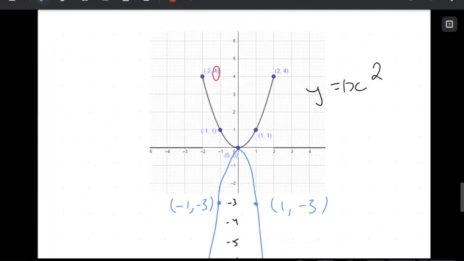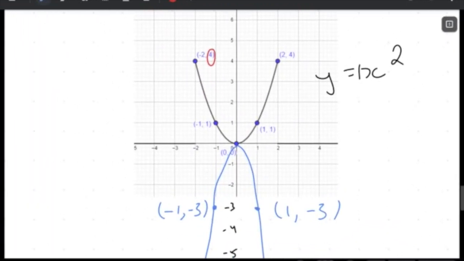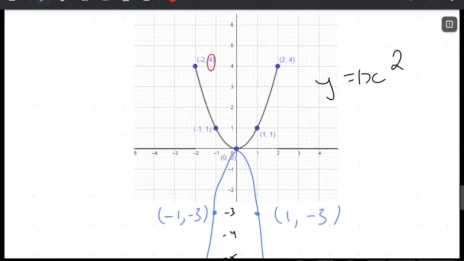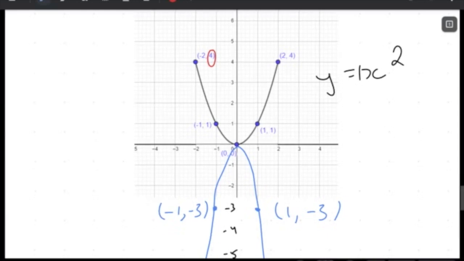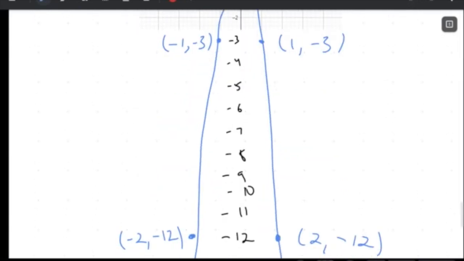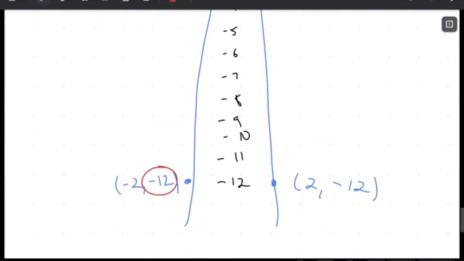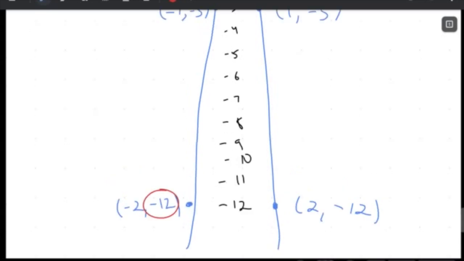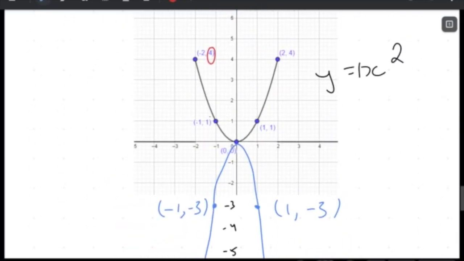So let's just double check that that's actually happening. So my y value here is 4, and at this same point, at x equals -2, my transformed y value is -12. So if I times 4 by -3, I get -12. So this has in fact been scaled correctly.